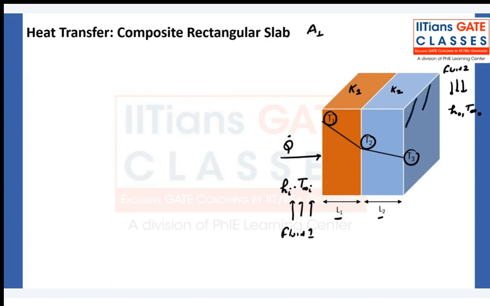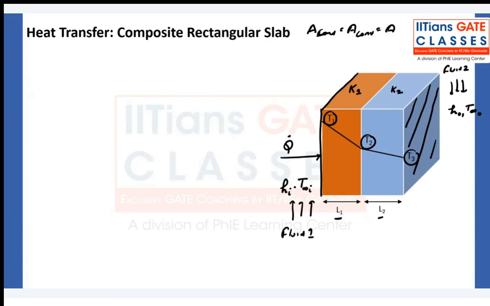This is your perpendicular area, and it will be the same on both sides. For convection also, the area will remain the same. So the conduction area is equal to the convection area, which is equal to A.